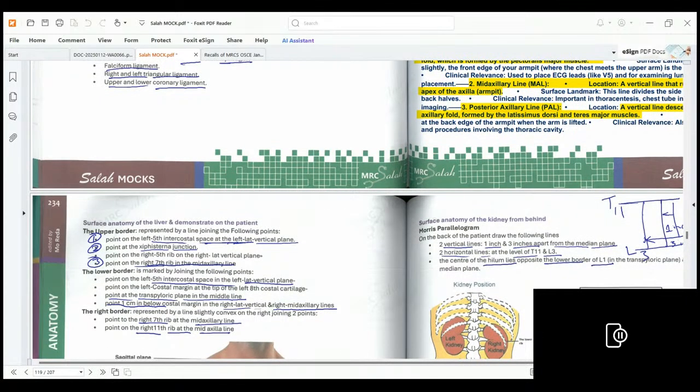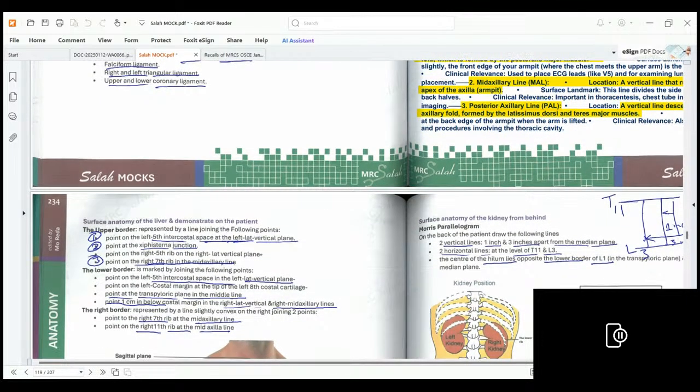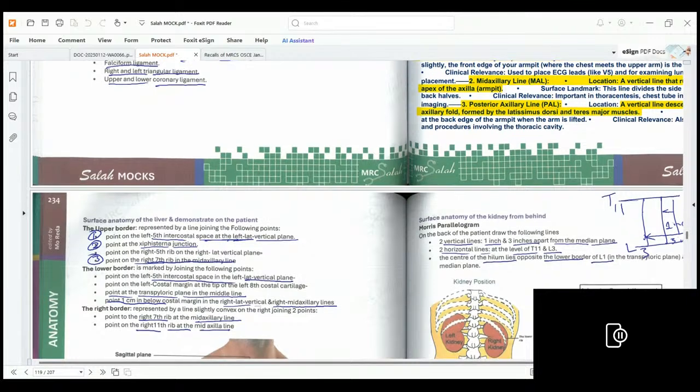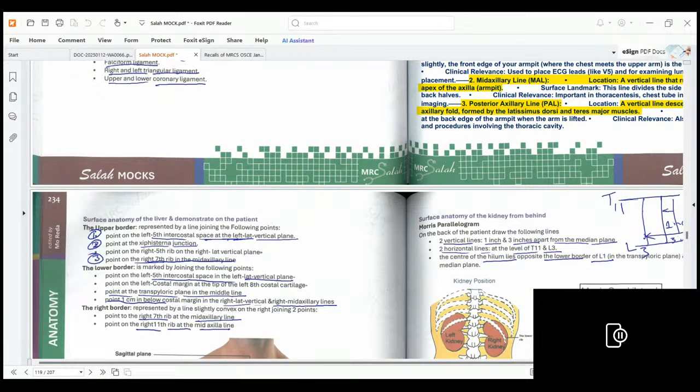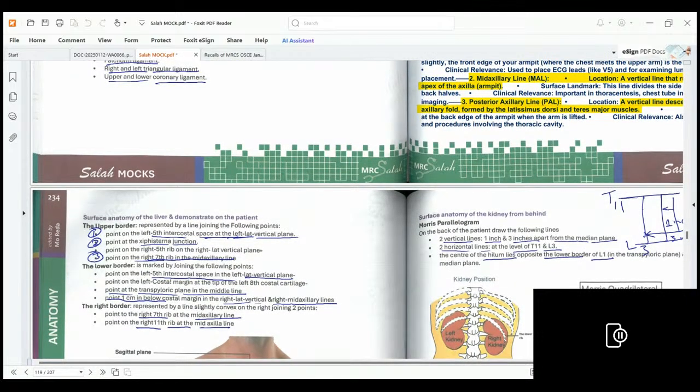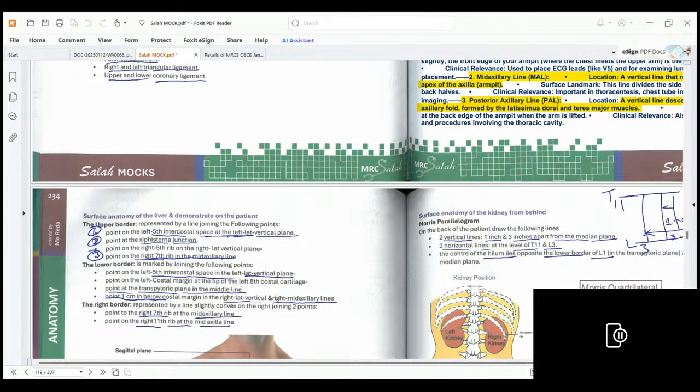Second point at the junction of the xiphisternum, and a point on the right fifth rib on the right lateral vertical plane.